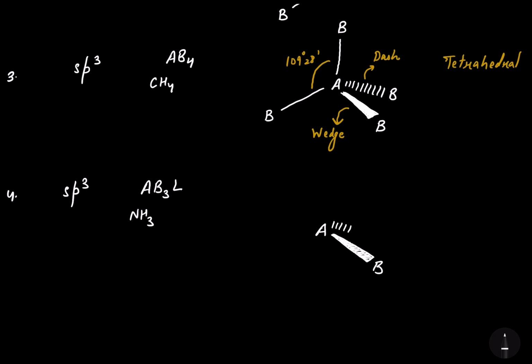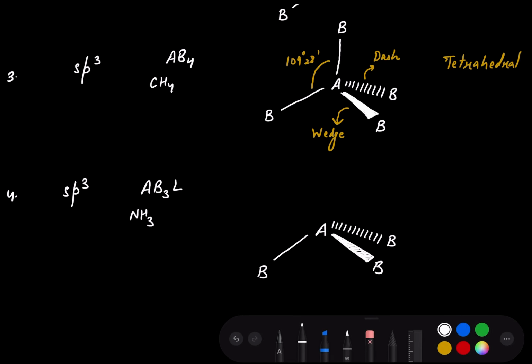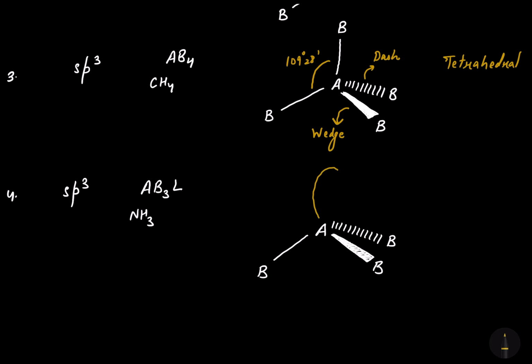The dash, second B over here, and this bond is going into the screen. The third bond with B is on the screen, and we have one lone pair present at this position. The lone pair obviously comprises 2 electrons.